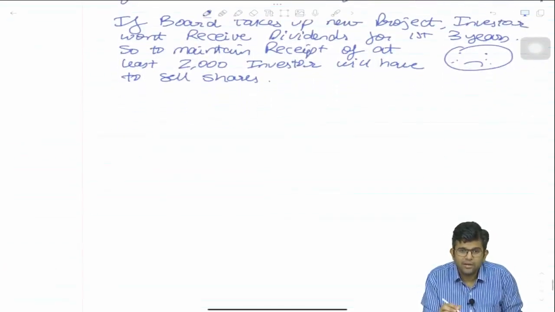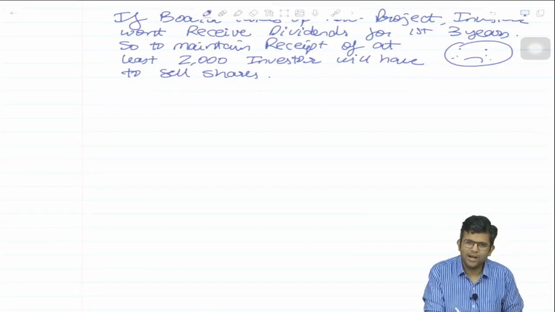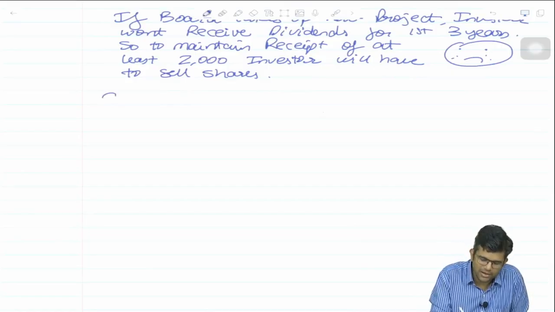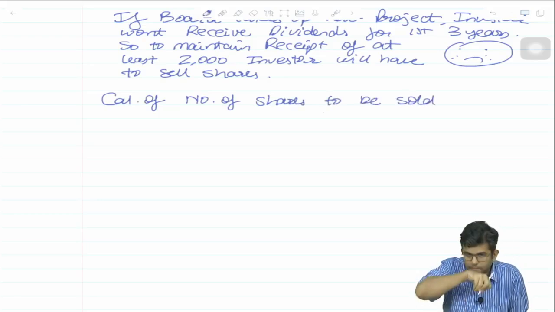Done. Now the question is how many shares, and everyone following now, how many shares you will have to sell. So I'll write here: calculation of number of shares to be sold.